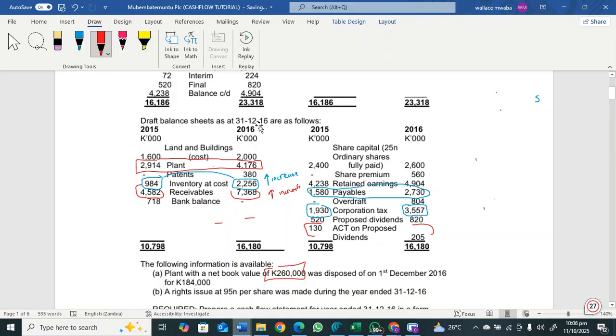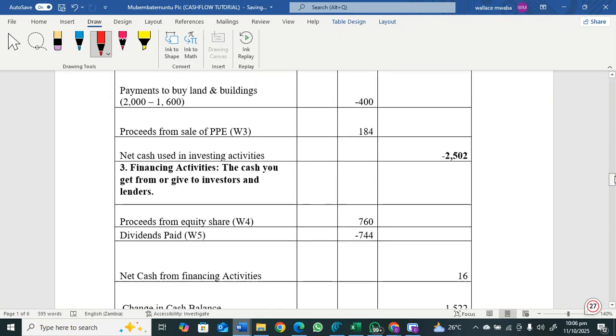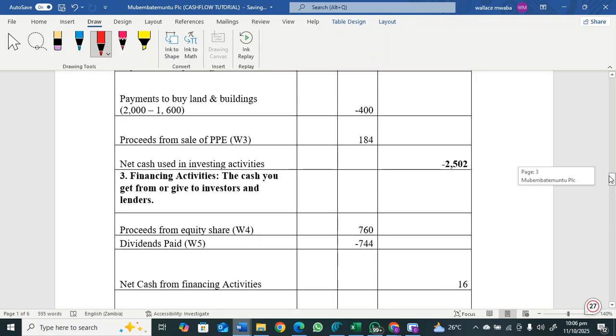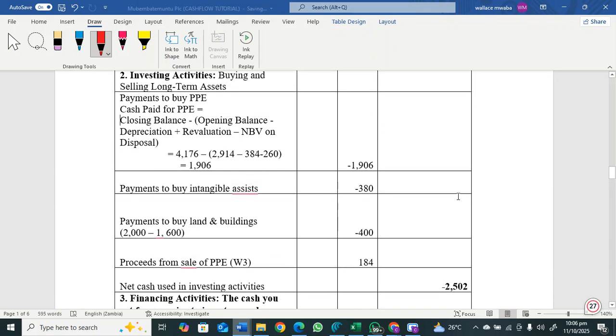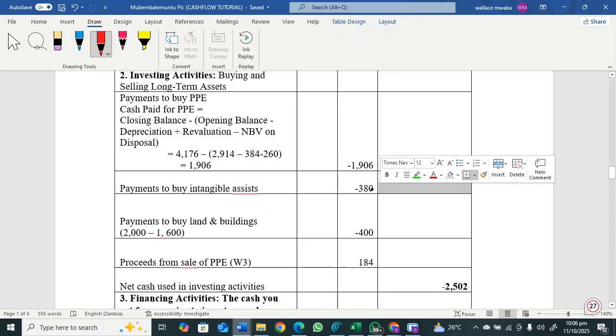In 2016, we have patents worth 380. So it means we purchased these patents. Since it was a purchase of patents, 380 here, negative value.